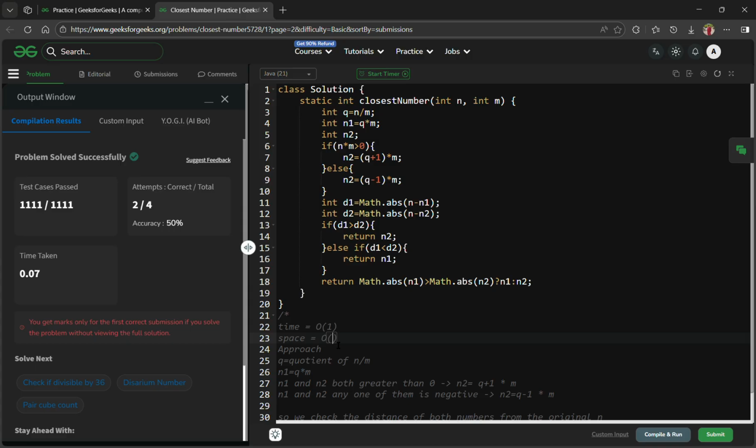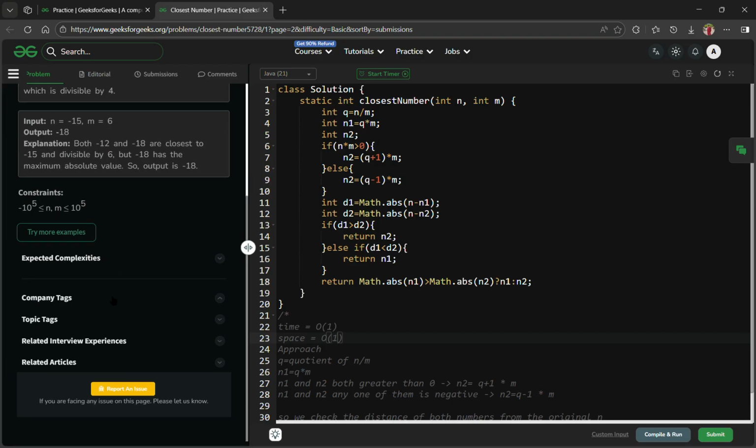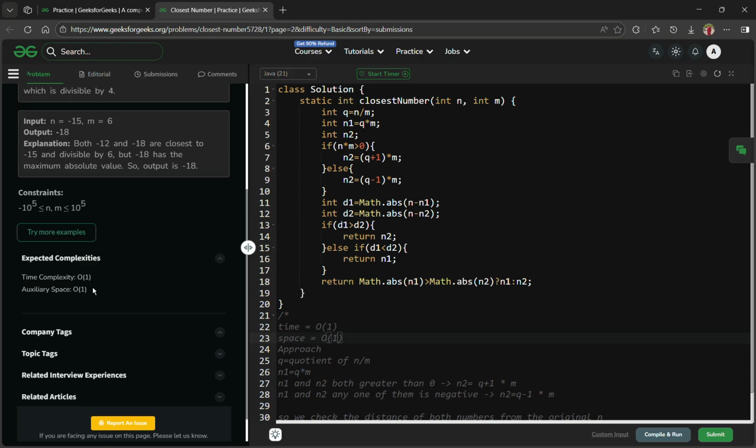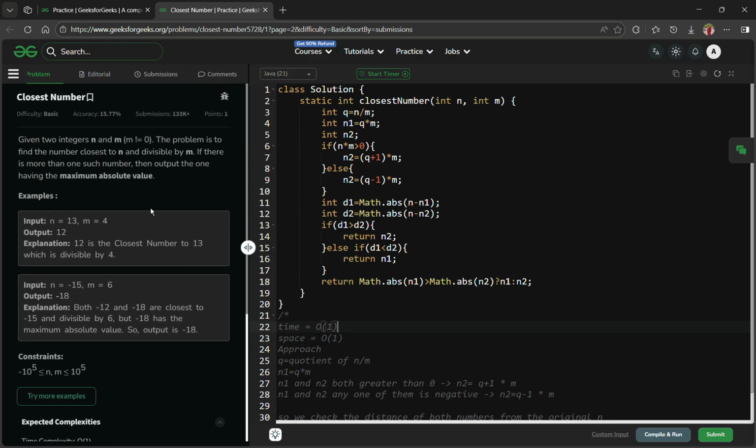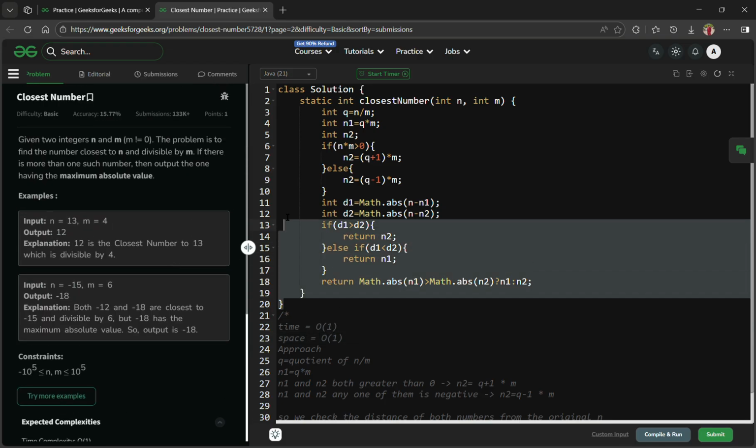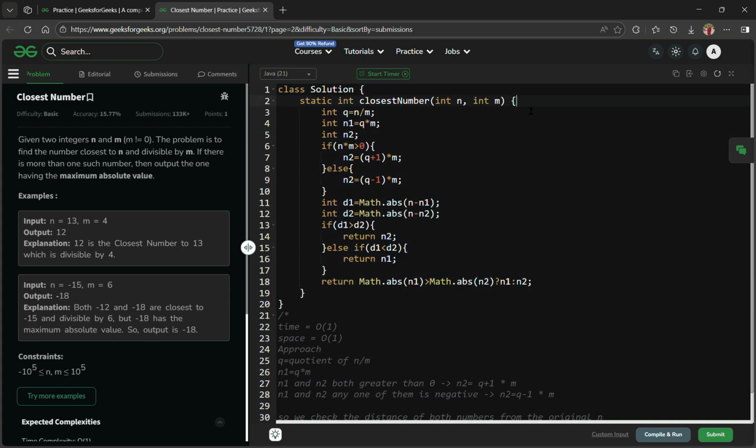They take 4 bytes each, so 5 times 4 is 20 bytes. 20 is also a constant, so constant space. If you see the expected, big O of 1, big O of 1, they are matching. So this is an acceptable solution for the given problem.